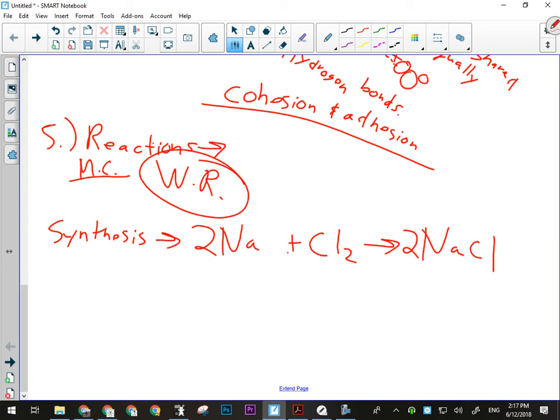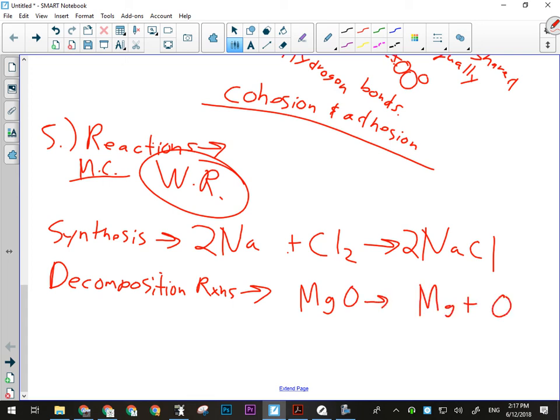What else? We talked about decomposition reactions. What happens in a decomposition reaction? Yeah, a single compound breaks down. So we would have something like that.